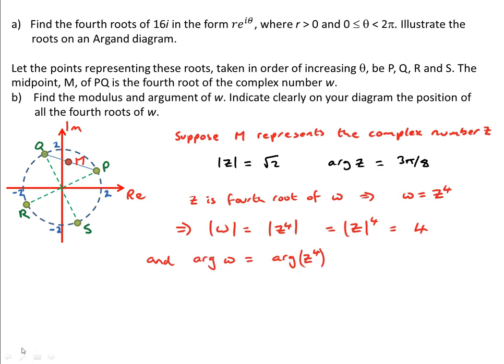The argument of W is the argument of Z to the 4, which is 4 times the argument of Z, which is 3 pi by 2. So the modulus of W is 4, and the argument of W is 3 pi by 2.